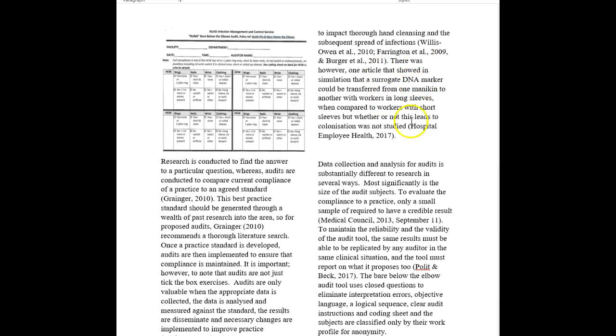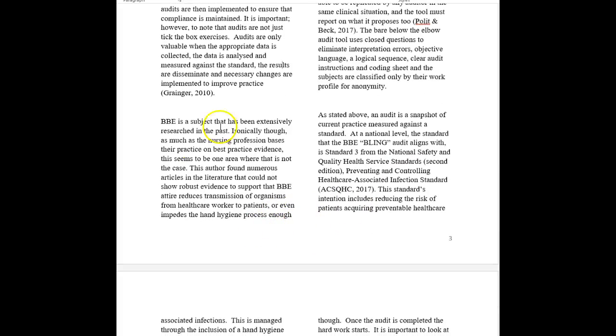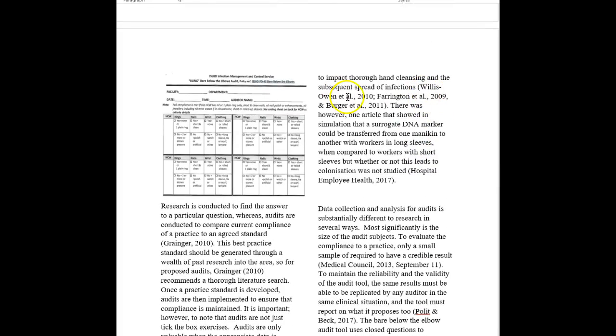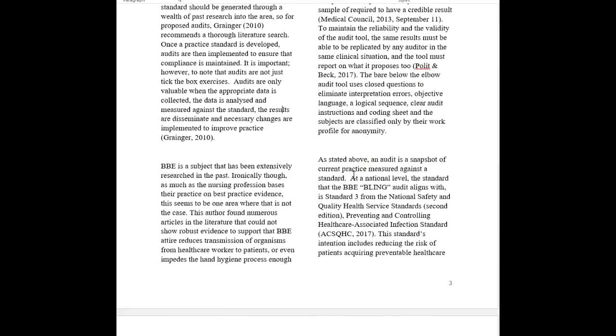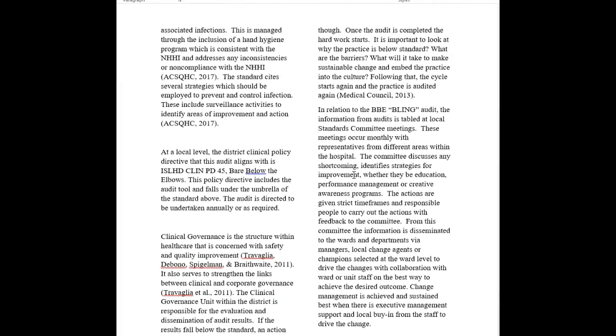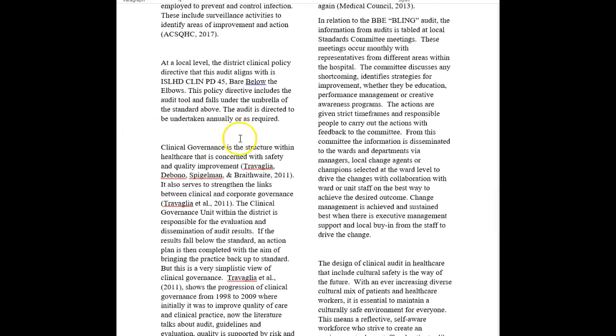It generally does some critiquing here, where it said lots of articles found this, but I did find one article that found that. So that's compare, contrast and critique. Then the student talks about clinical governance here.